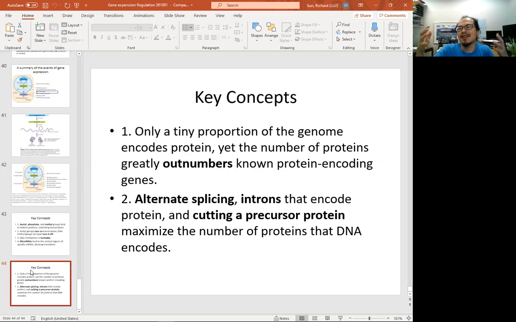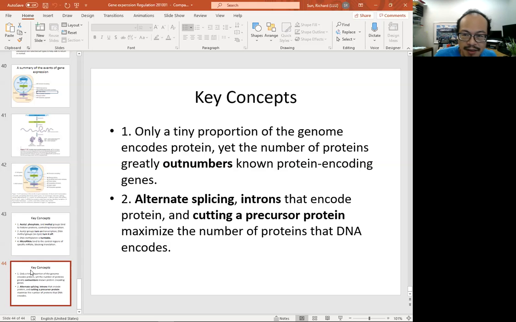I hope you gained some more knowledge about gene expression, and very importantly, even though you cannot control your DNA, the coding, you cannot control the sequence of the DNA, that's from your parents, right?